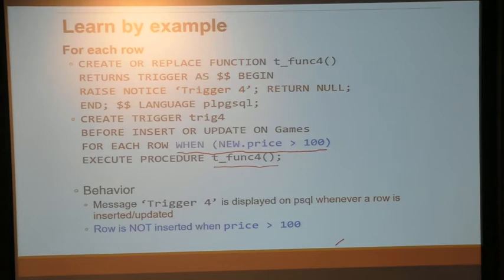So when I try to insert something, there's a new. Whenever I try to update something, there's a new. So I can always access the new here. If whatever row I'm trying to insert has a price greater than 100, then I will perform this trigger. If I'm updating something such that the result, the new price, is greater than 100, then I'm also going to activate this trigger.